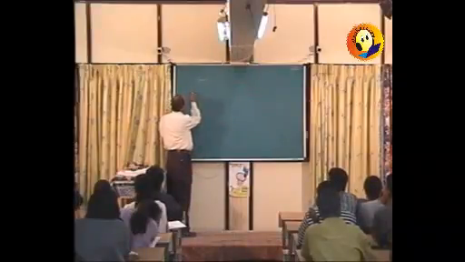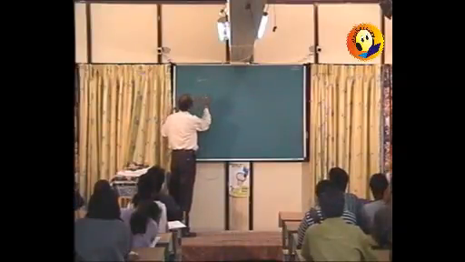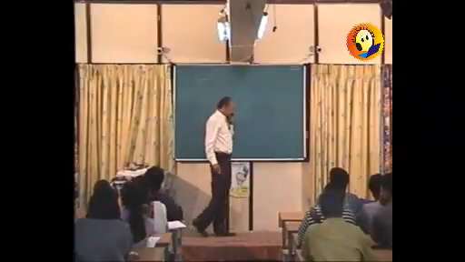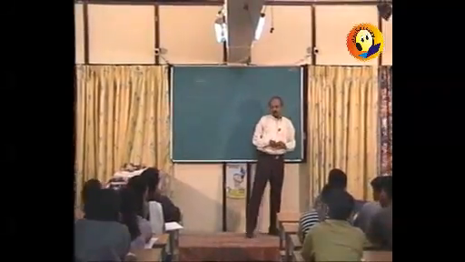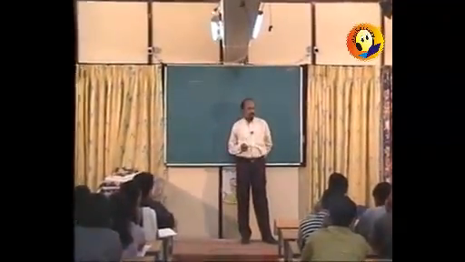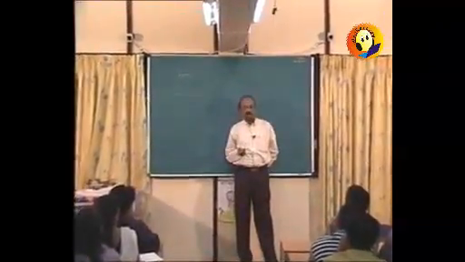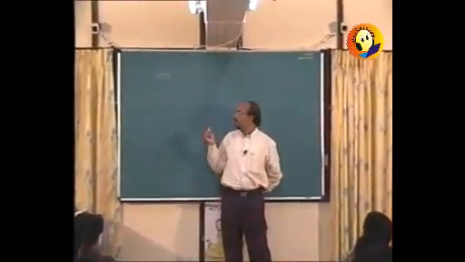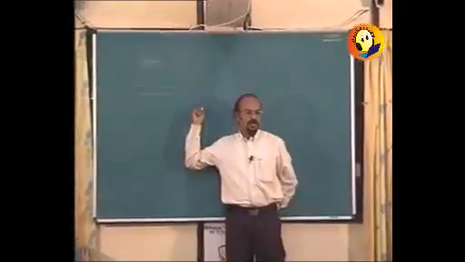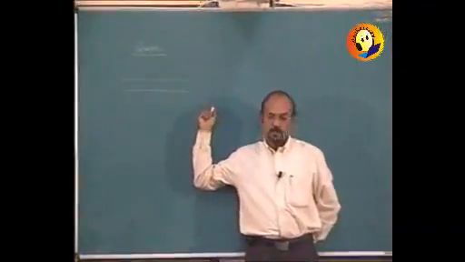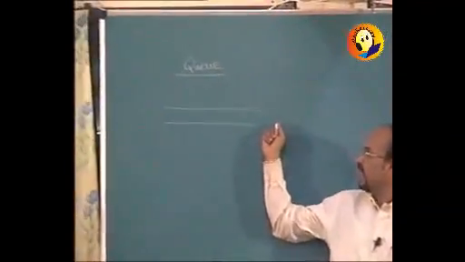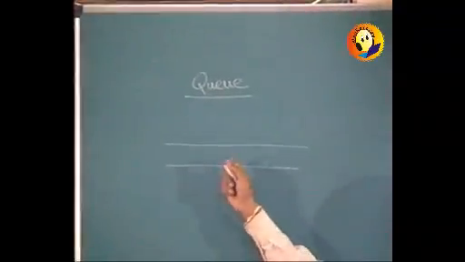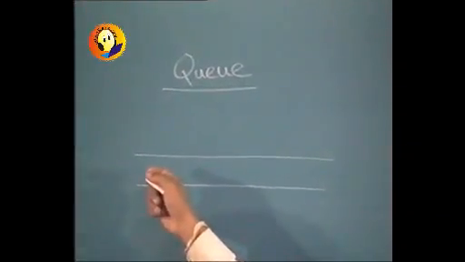Now we had a brief introduction about this queue earlier in the last lecture, when we said that in case of stack there is only one end from where the data will be added or removed. But in case of queue, it will be considered as a pipe, so that one end will be used for the addition of the elements and the other end will be used for the removal.